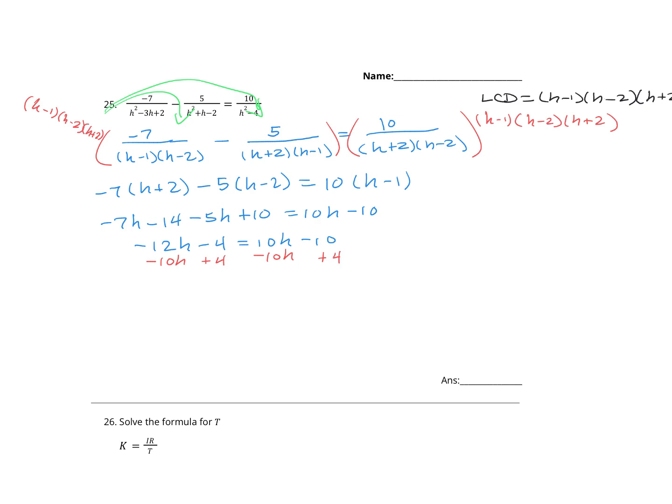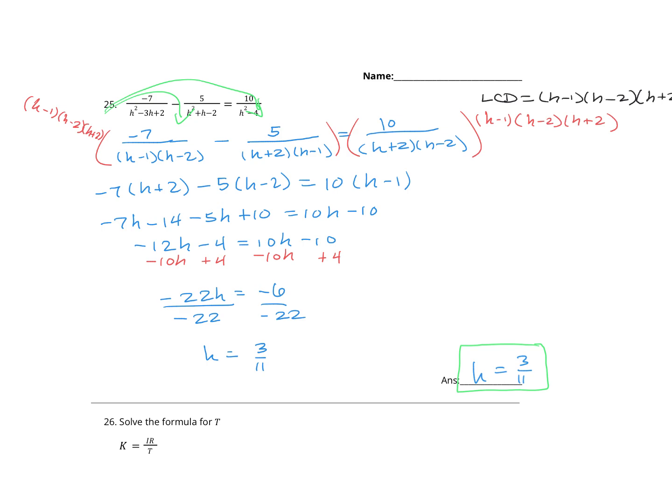When the smoke settles, we've got -22h is equal to -6. Dividing both sides by -22, I get h is equal to 3/11. So 3/11 is my solution. You will notice here that I do not have a 1, a 2, or a -2, so I am good. I will not be dividing by 0 with that solution there.